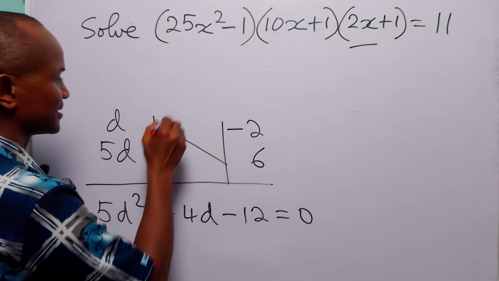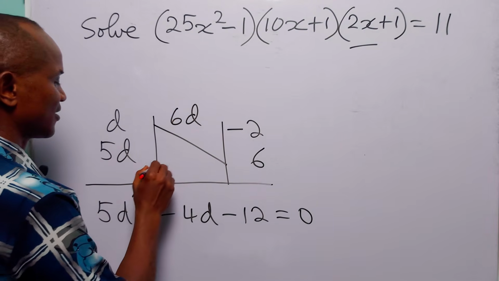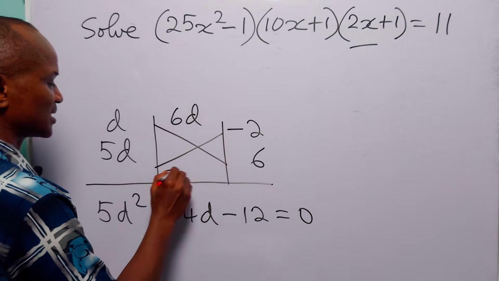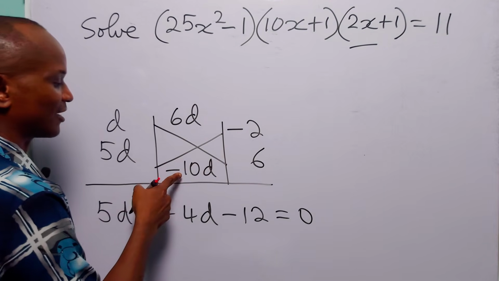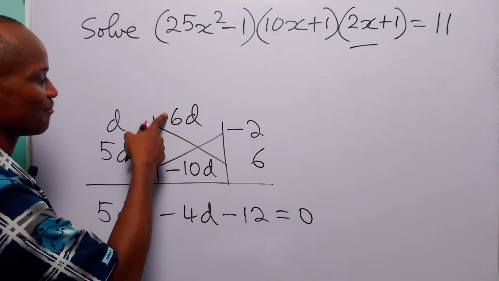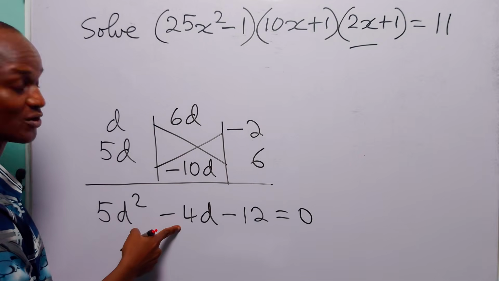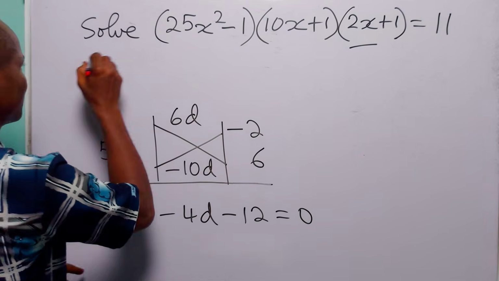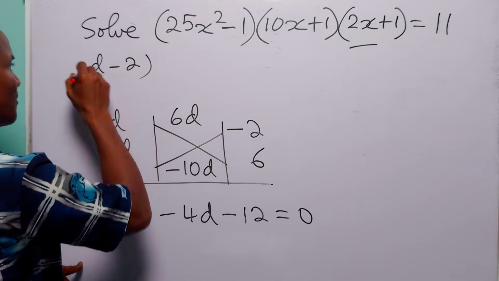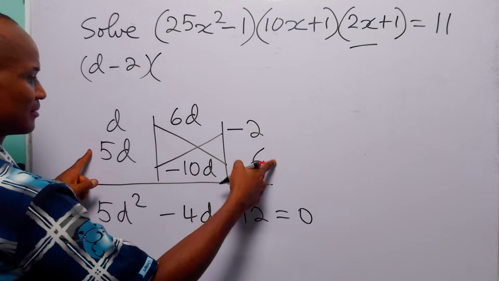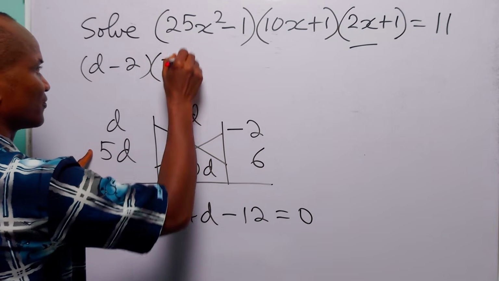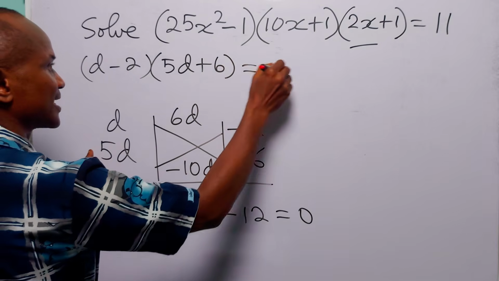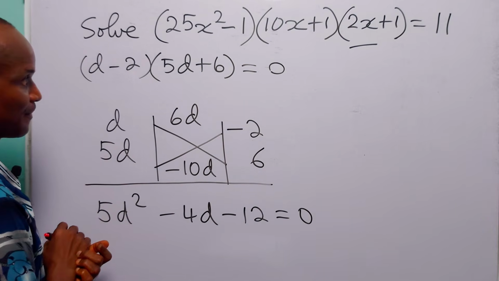D times 6 is 6D. 5D times minus 2 is minus 10D. And of course, minus 10D plus 6D is going to give us minus 4D. So when we factorize this, we have D minus 2 multiplied by 5D plus 6 is equal to 0.